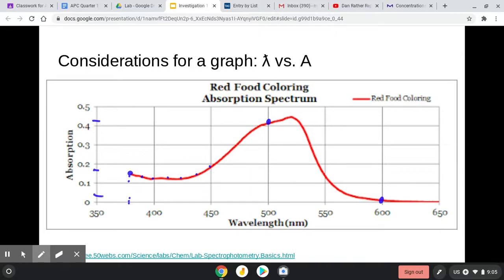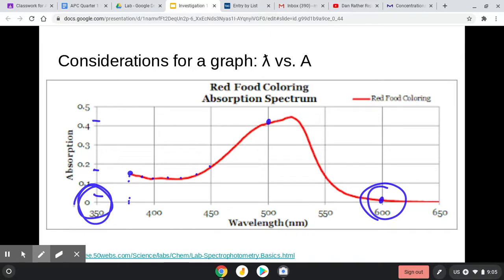So we need to figure out what the wavelength is for copper that's going to be absorbed really well. We don't want to choose a wavelength for copper that is going to absorb minimally. Like if we chose 600 to analyze red food coloring, we're going to get super low absorbances, maybe absorbances that are too low for our spectrophotometer to actually detect well.